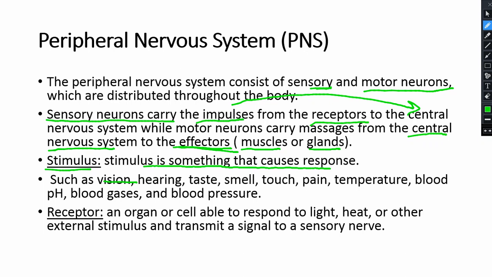Okay, now the receptor. A receptor could be an organ or a cell that is able to respond to light. In easy words, we can also say that receptors are those cells or organs which can receive the stimulus and produce a response to it. Because if the receptor did not detect that this light is high or this is a high heat, then we would not be able to produce a response to it.